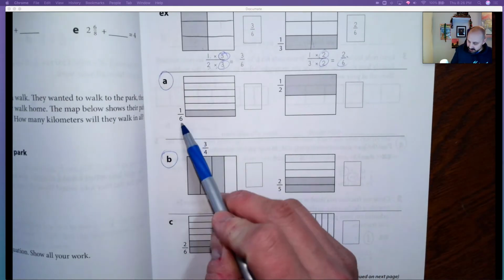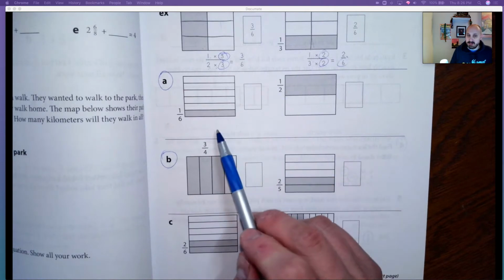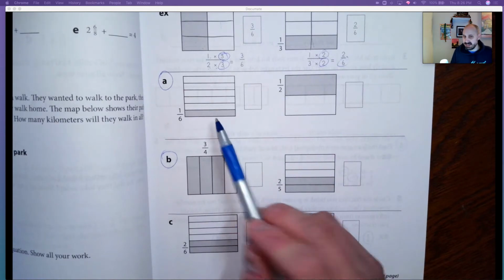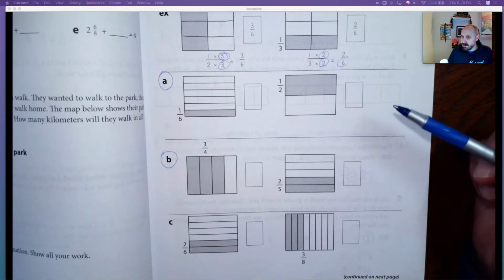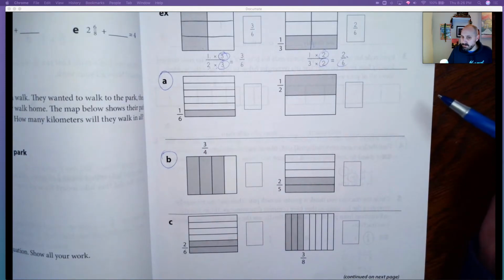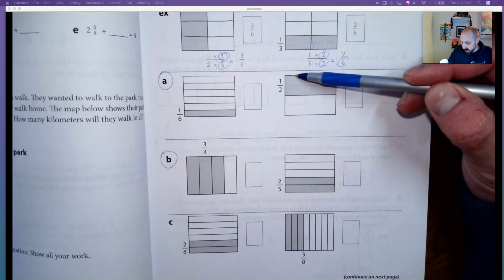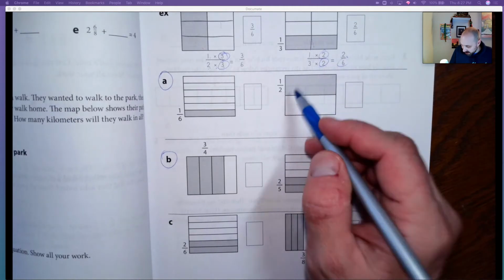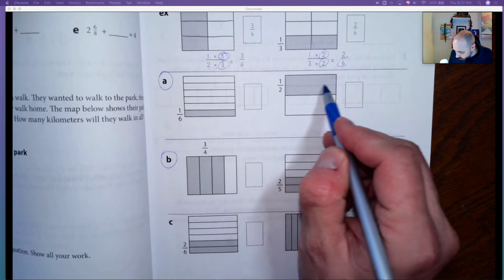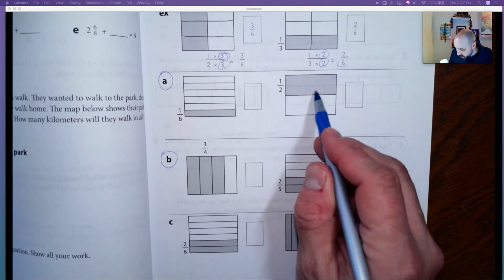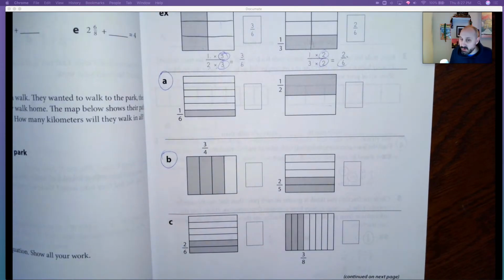So we have 1/6 and 1/2. This one over here is already cut into sixths. Is there a way we can make this into 6 pieces? Well, it's already in half. What if I cut the half in half going across? 1, 2, 3, 4. That would be fourths.